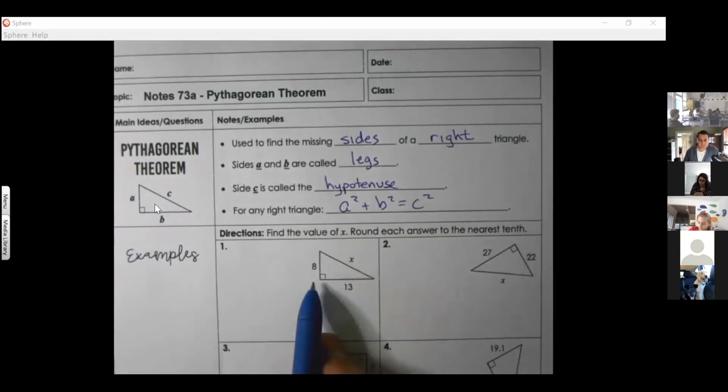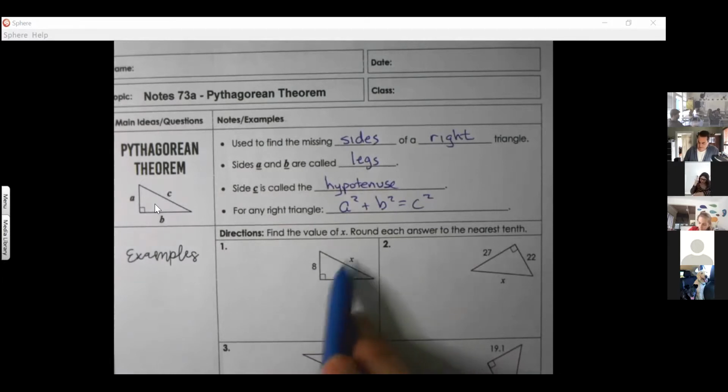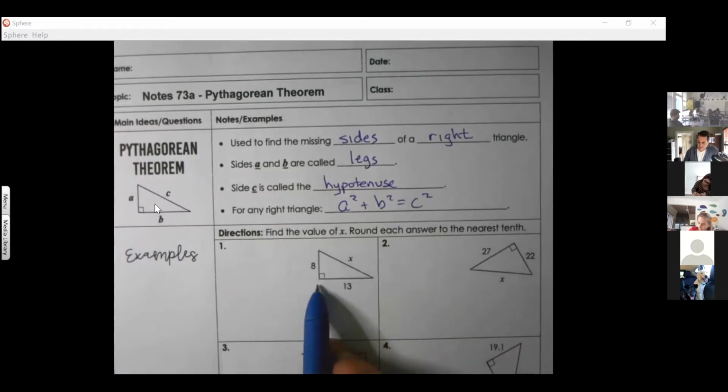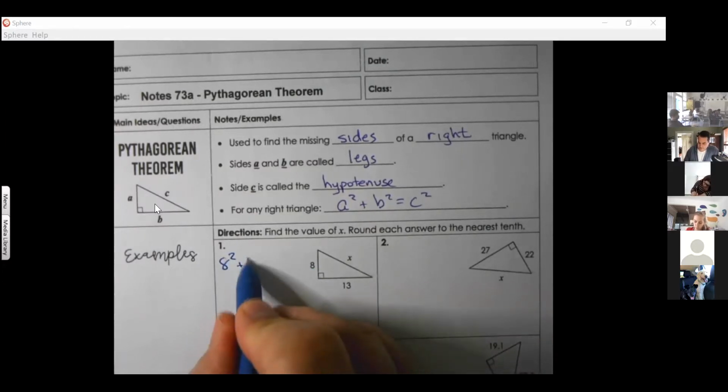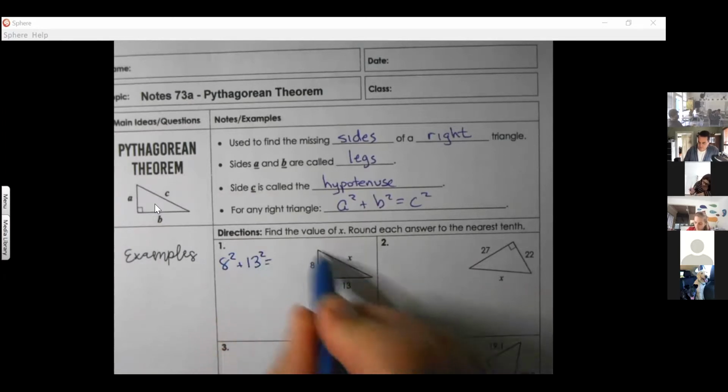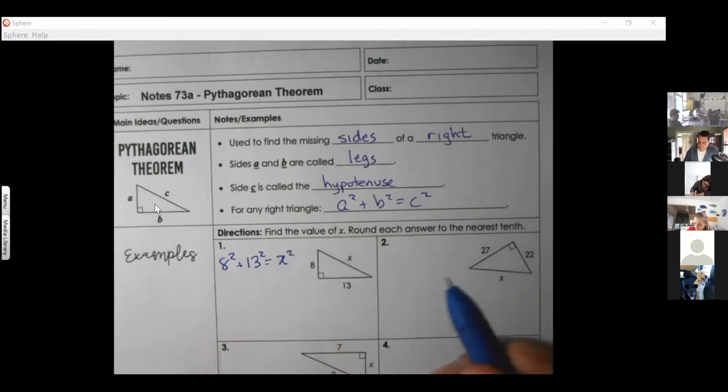So for example here, if I want to find what X is, I can say this is a right triangle. Therefore, it falls into the Pythagorean theorem type problems. I can say that 8 squared plus the other leg squared is equal to the hypotenuse squared.